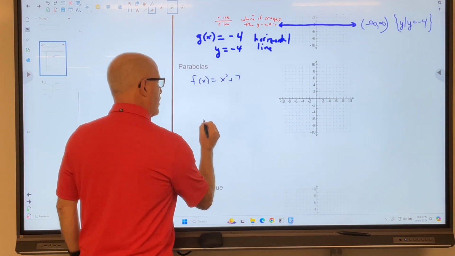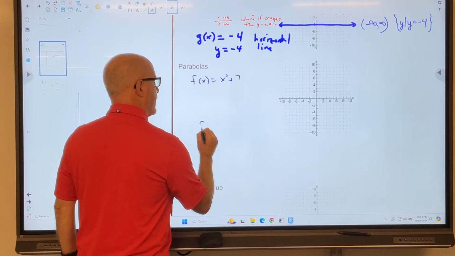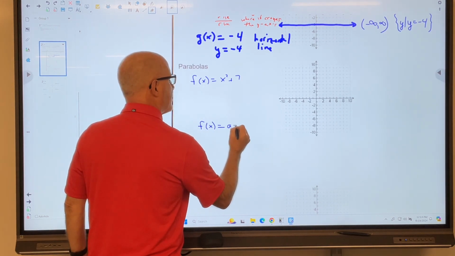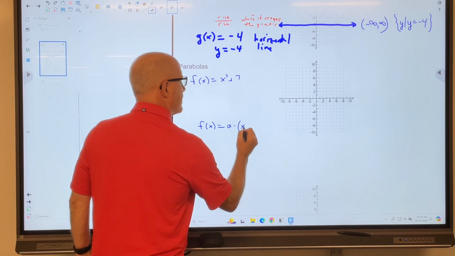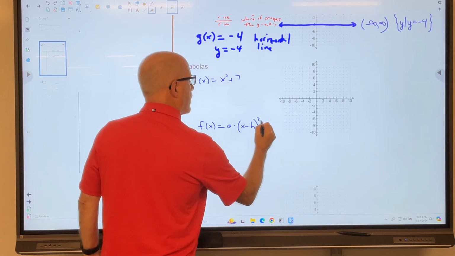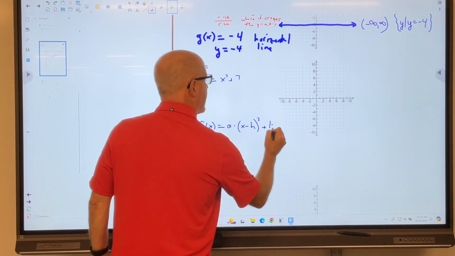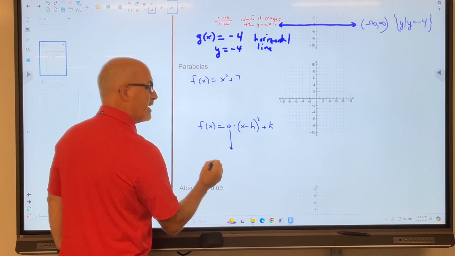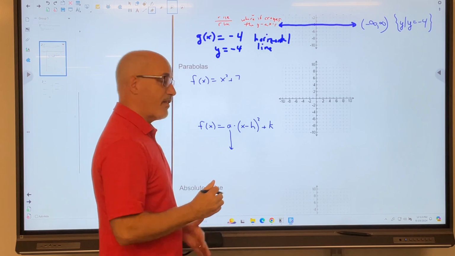The general form of a parabola is f of x equals a times x minus h quantity squared plus k. If you remember, this number a, first of all, if it's negative, it will flip it.